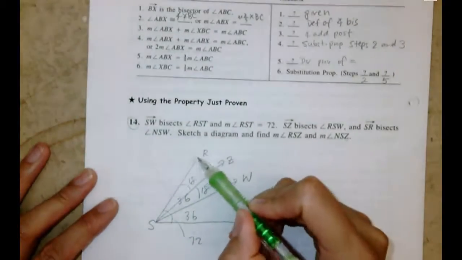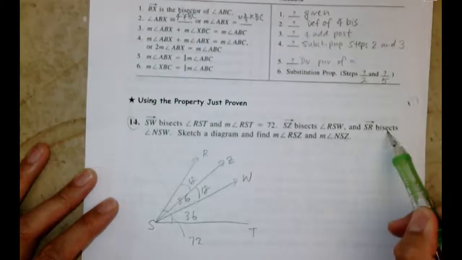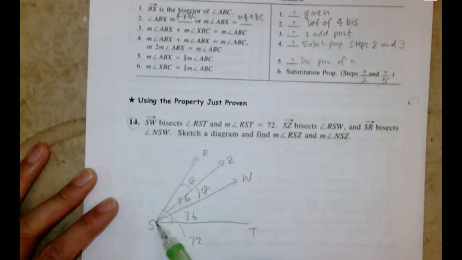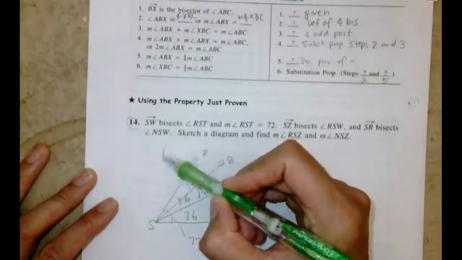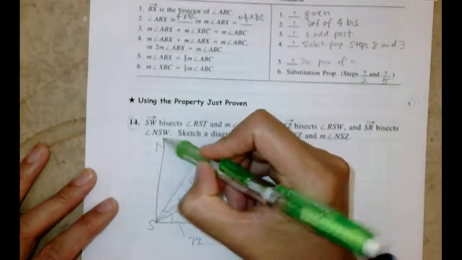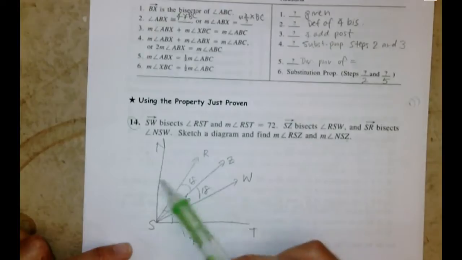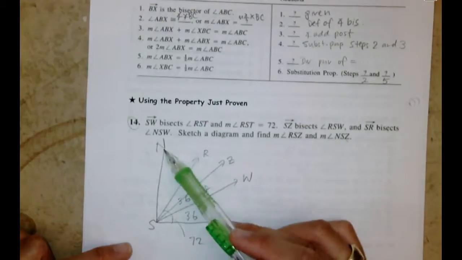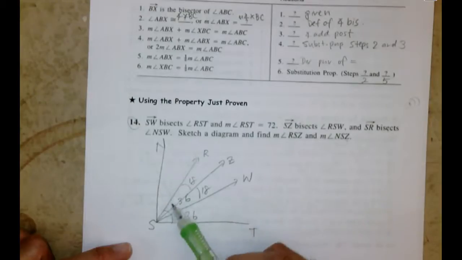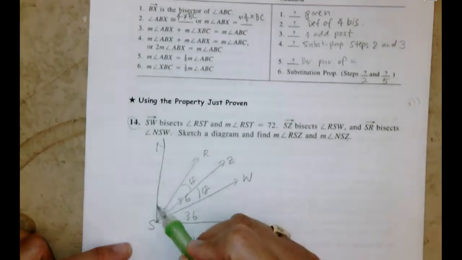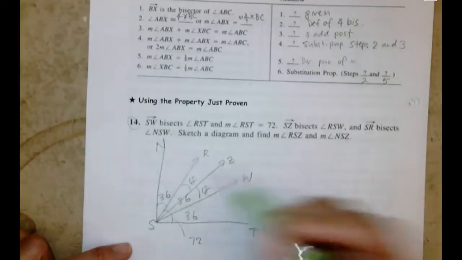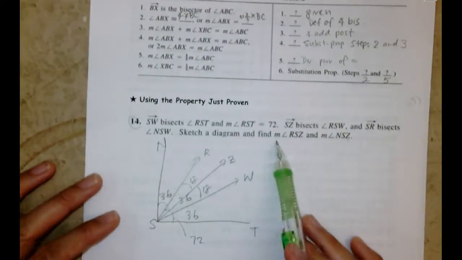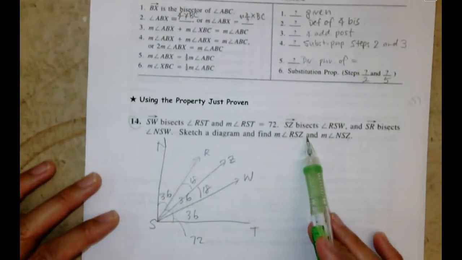And SR bisects NSW. So W and S, so N is over here. SR bisects NSW, and this is the bisector of this angle. So this is 36, so this should be 36. Sketch the diagram and find the measure of angle RSZ.